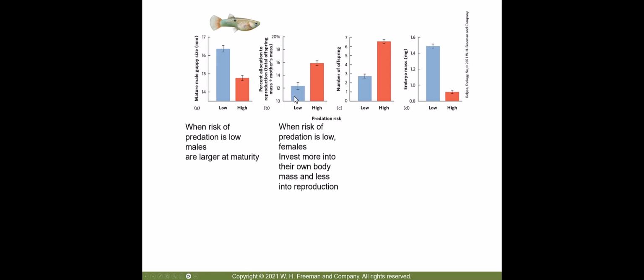So she's investing in her own body a little bit more than she is into reproducing. The middle graph here is showing that when the risk of predation is low, fewer offspring are produced. And our final graph is showing that when the risk of predation is low, each offspring is larger. So basically they're making fewer but larger offspring.